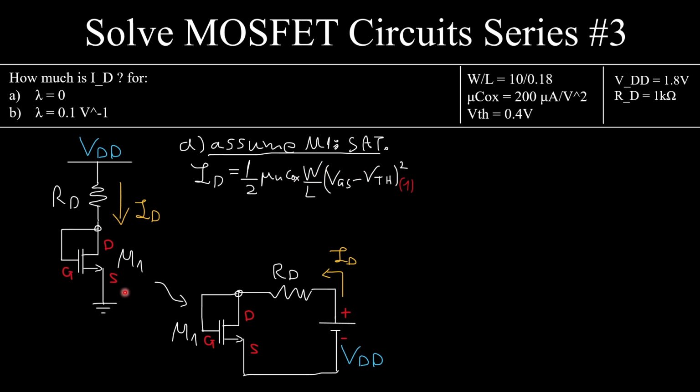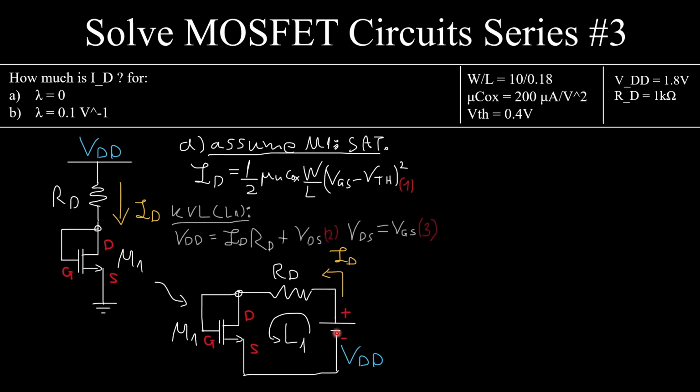How much is VGS? Well, I'm going to first name this loop as loop 1. And I'm going to find this VGS and this VDS in comparison to other values of the circuit that I know.